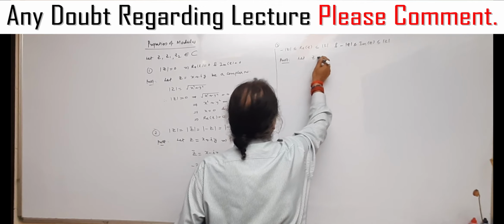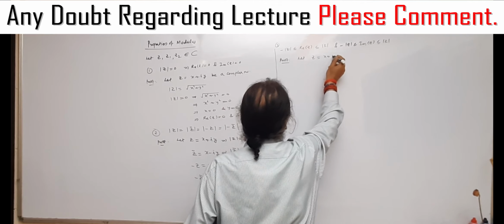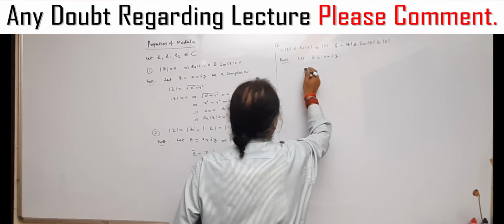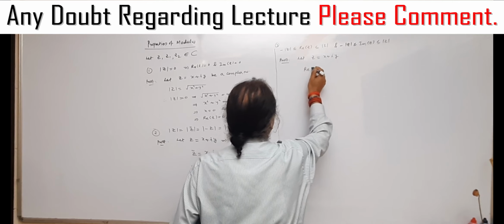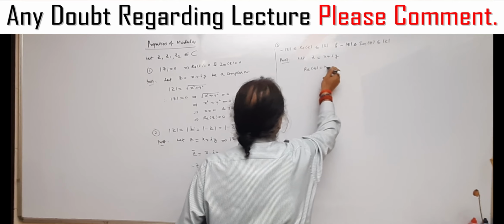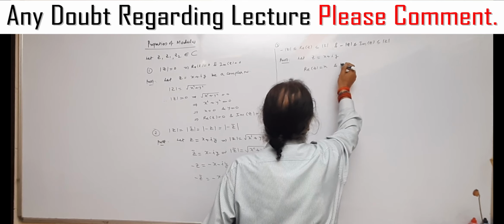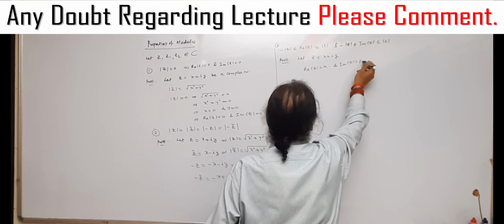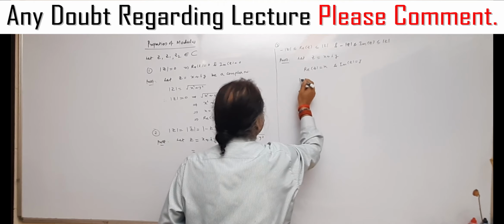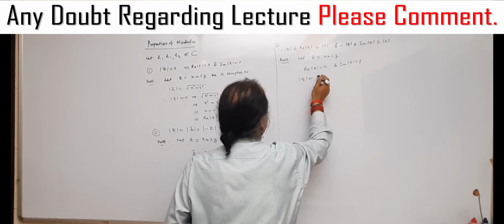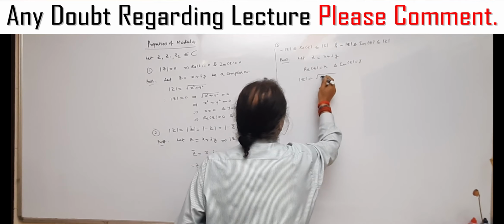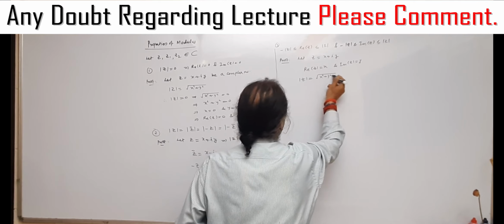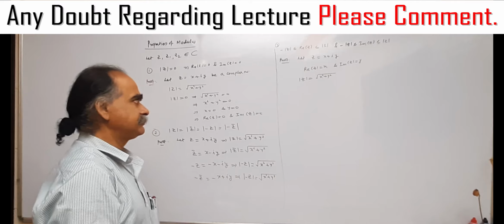Let z be x plus iy. Real part of z is what? x, and imaginary part of z is y. And modulus z is what? Root of x square plus y square.